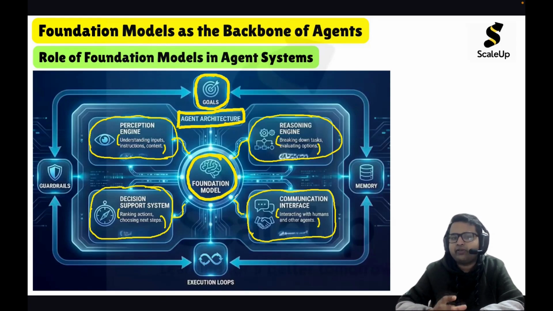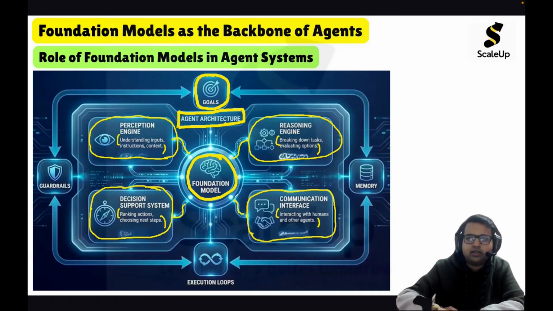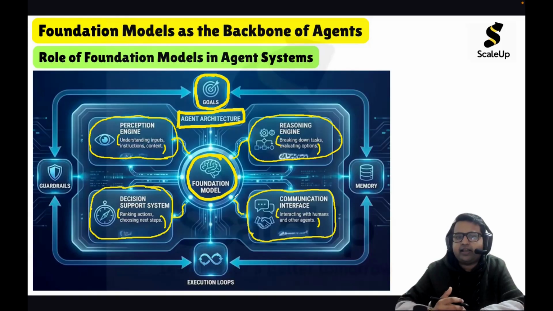We give context to the foundation model that this is what we want in natural language, and it will convert it into a protocol which that system, that API, that interface can understand. So the idea is very clear: all the components of the agent architecture make use of the foundation model.